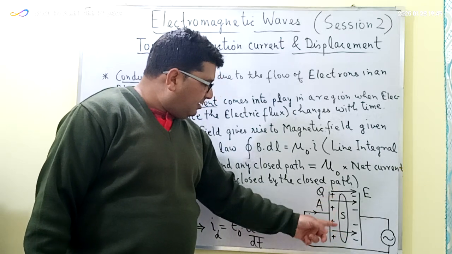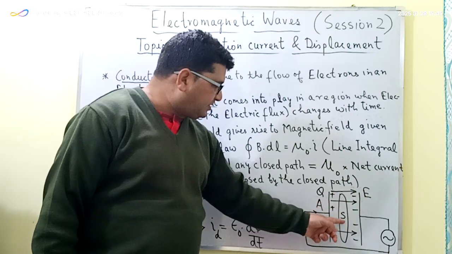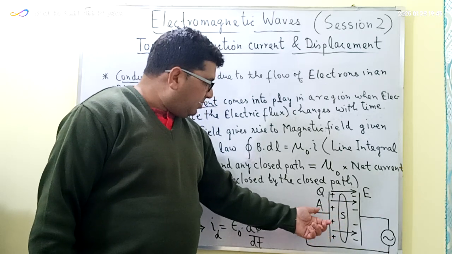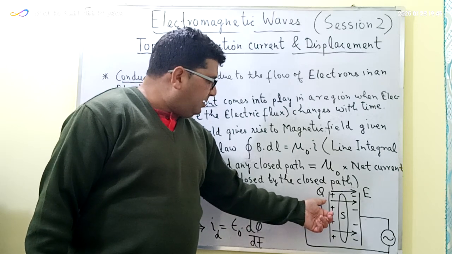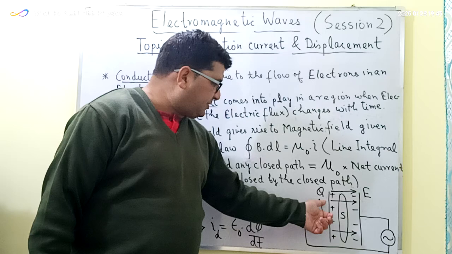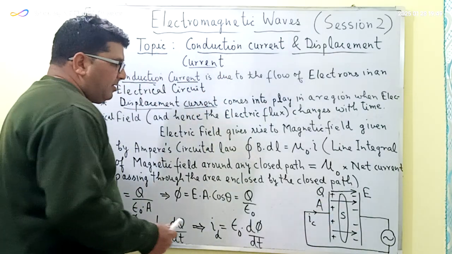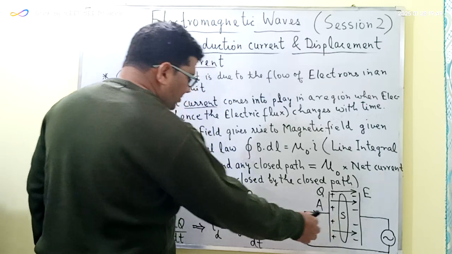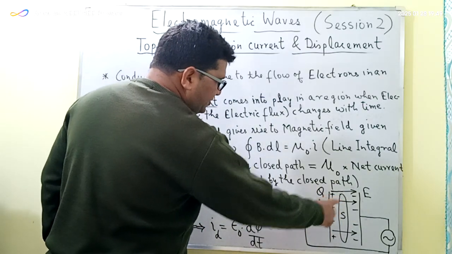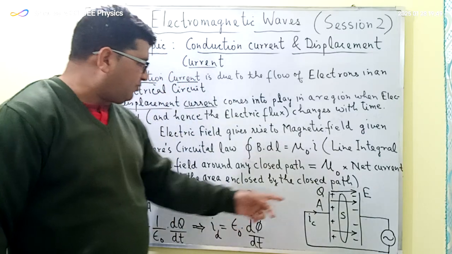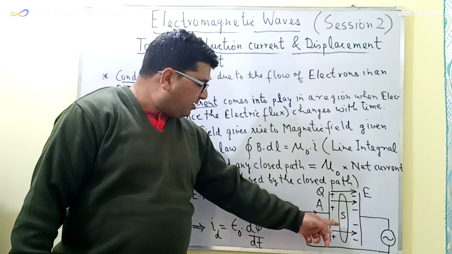In this capacitor I have considered one space in between the plates of the capacitor which is depicted as S. Here the total charge on the capacitor plates is Q, and the area of cross section of the capacitor plate is A. The direction of the electric field lines is from the positive charge to the negative charge as indicated by the arrows.